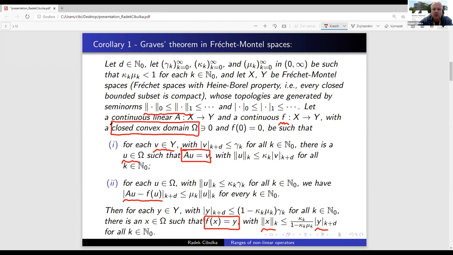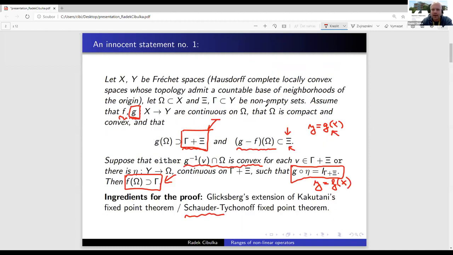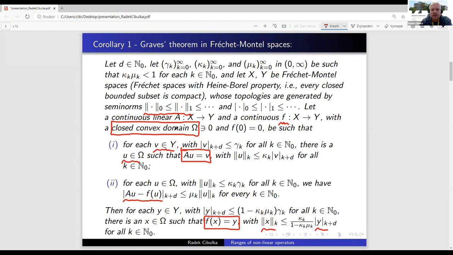So if I go back, here I had a compact convex set. The difference is that here you have a closed convex set only, but you have the additional Heine-Borel property, which ensures that in fact you are working with compact sets.